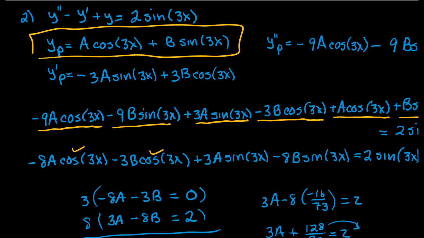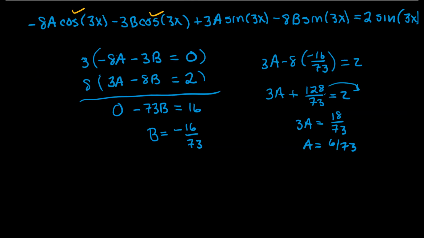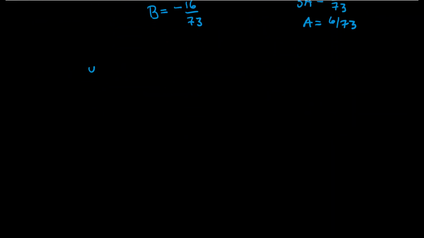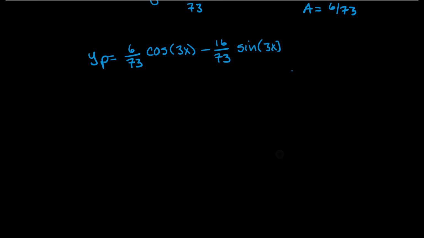So the a goes with the cosine term, and the b is going to go with the sine term, which allows me to write my particular solution as 6 over 73 times the cosine of 3x minus 16 over 73 times the sine of 3x. So that gives us all of that. Make sure that everything's looking good. There's the second one done. Good deal.